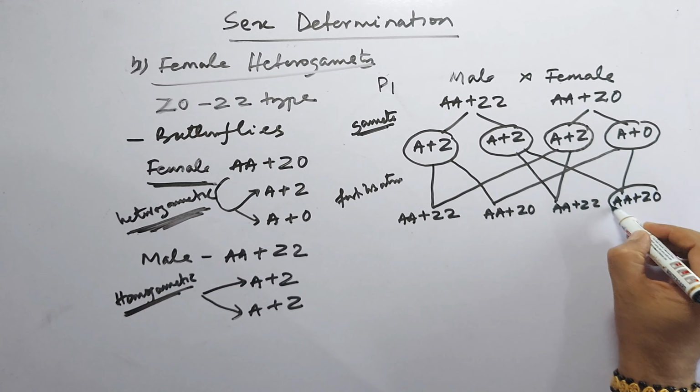So in butterflies, this is ZO and ZZ type, and the important thing is that the female is heterogametic and the male is homogametic, and in this way the sex determination occurs. This is the female heterogamety process by which the sex is determined, particularly in birds and butterflies.